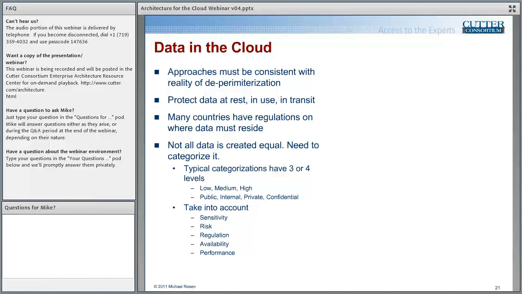And so we want to have some way to categorize the information based on this sensitivity, risk, and regulation, and come up with some structure for identifying the data. Given the risk or categorization of that data, then we may have a different approach for how we're going to secure it and whether or not we're comfortable at this point in time in moving that data to the cloud.